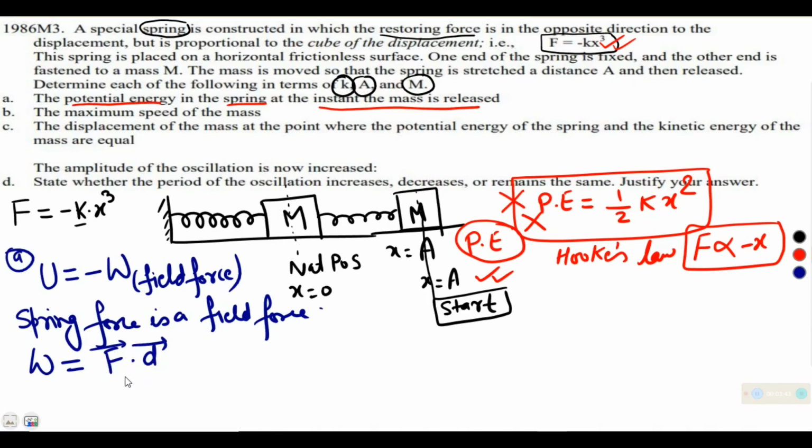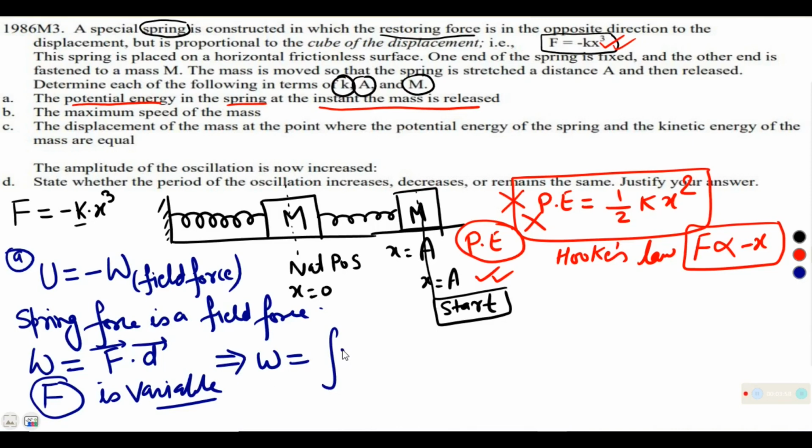But here our spring force is variable. So to find the work done, we have to integrate it, because the force is variable. Let us see its solution.